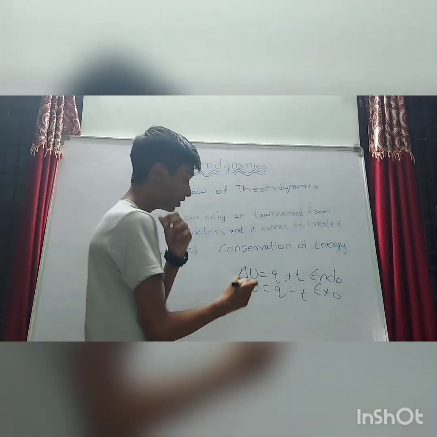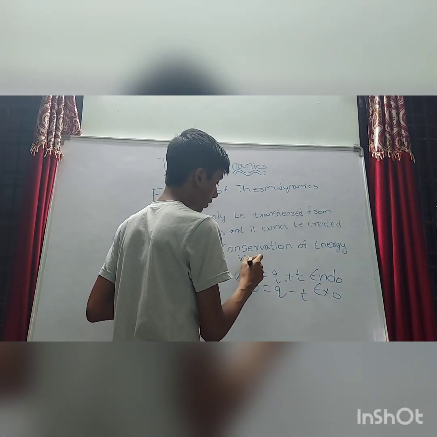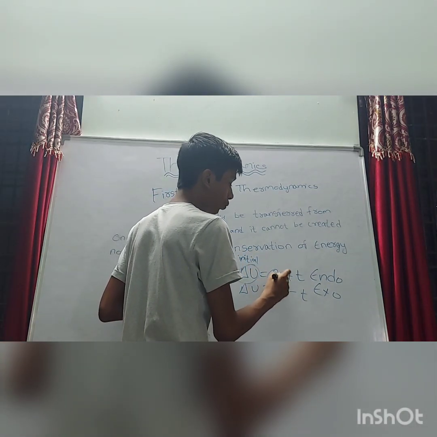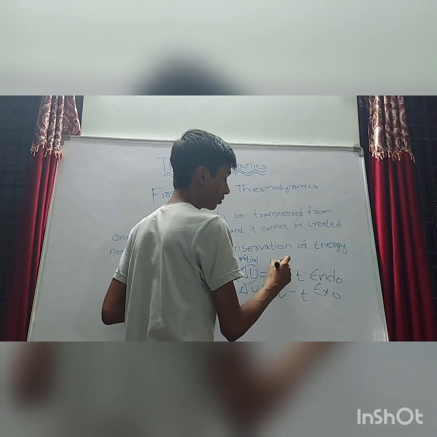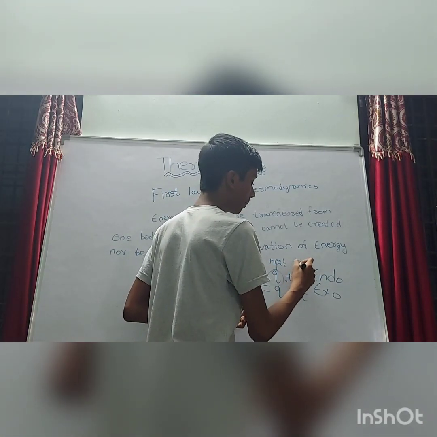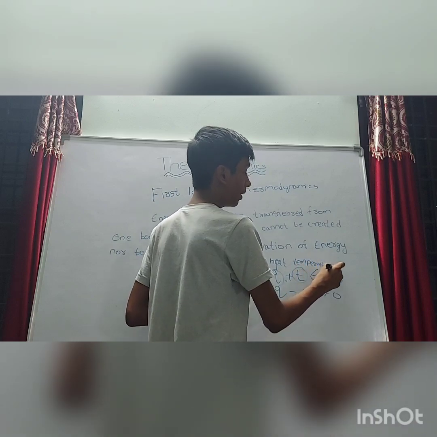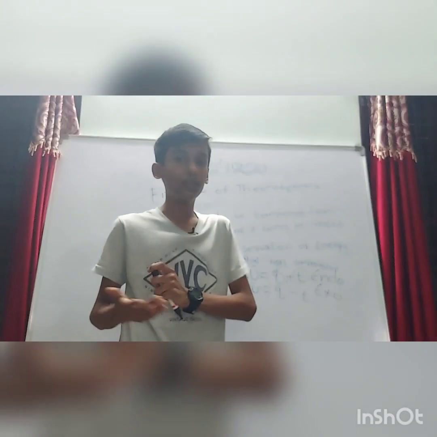In this equation, delta U is the change in internal energy, q is the heat released or absorbed, and T is the temperature. Normally the temperature would be constant or would change with respect to time.